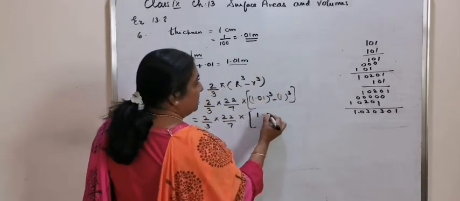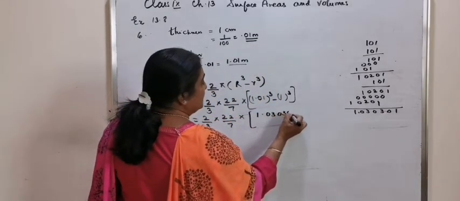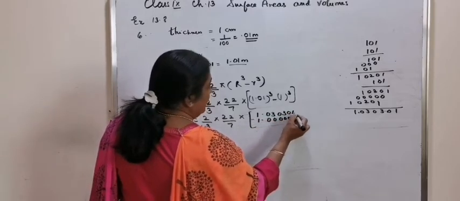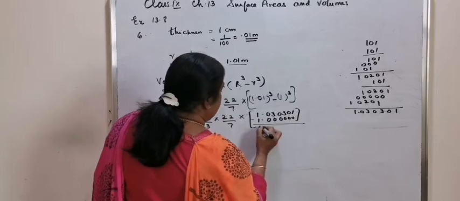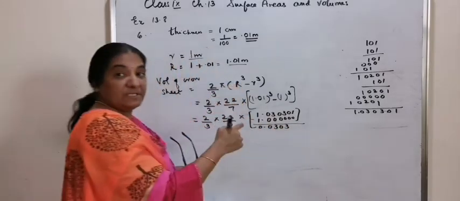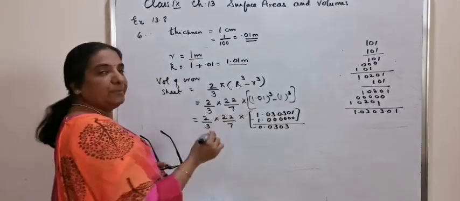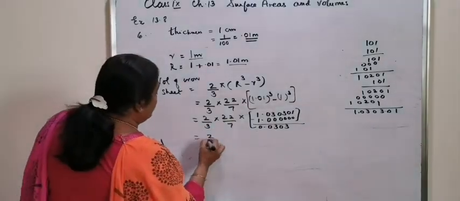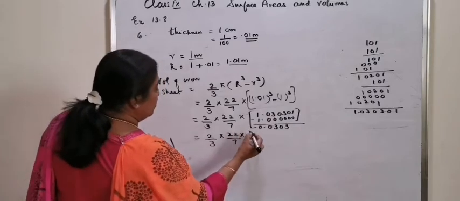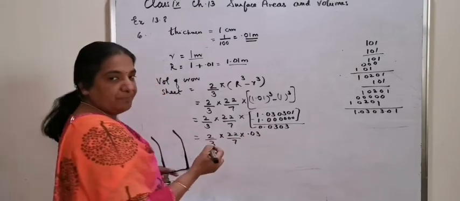So it is 1.030301 minus 1, or it is 0.0303. For simplification purpose, we will take it as only 0.03. 2 by 3 into 22 by 7 into 0.03.